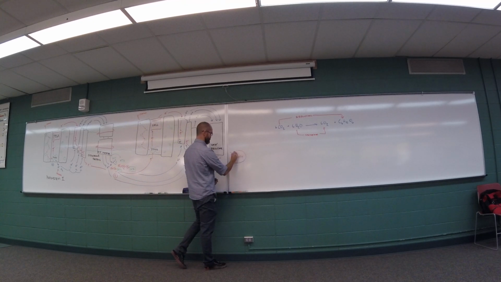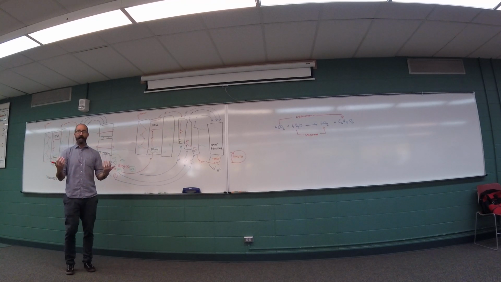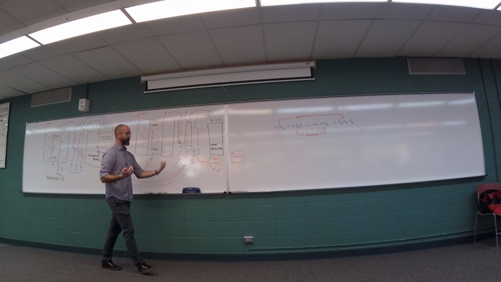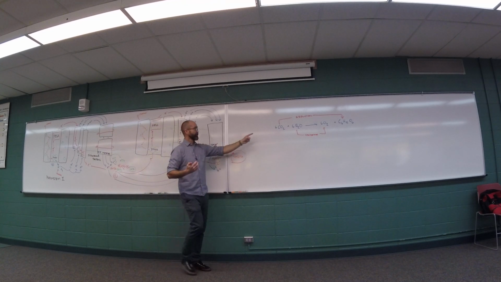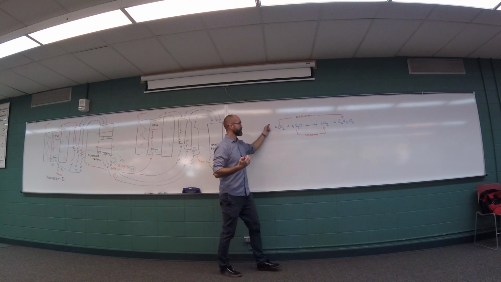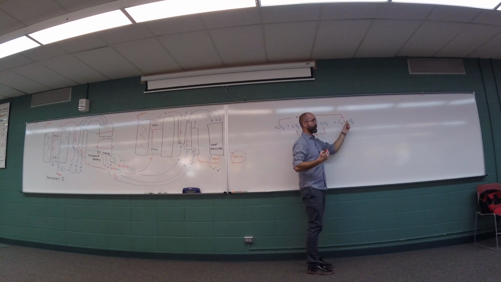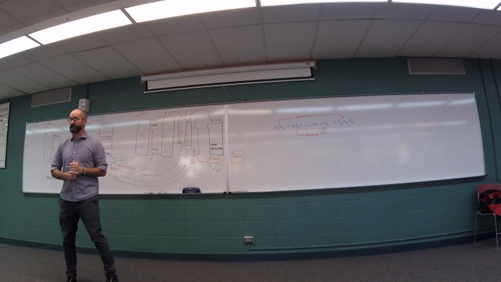From NADPH. Basically, guys, what's happening is NADPH is shuttling electrons from this stuff and dropping them off on carbon dioxide. And it's taking all those electrons to build carbon dioxide up into sugar, C6H12O6.